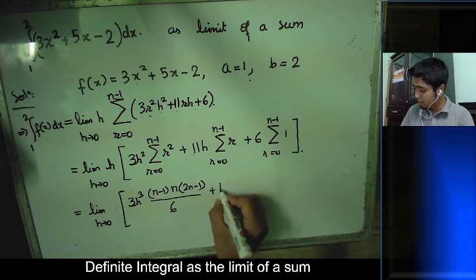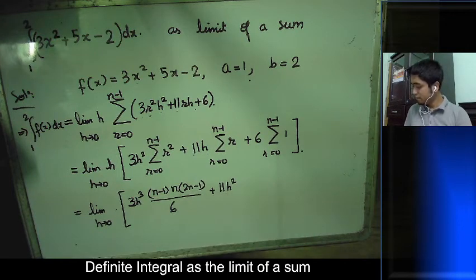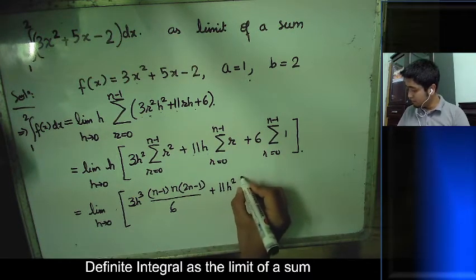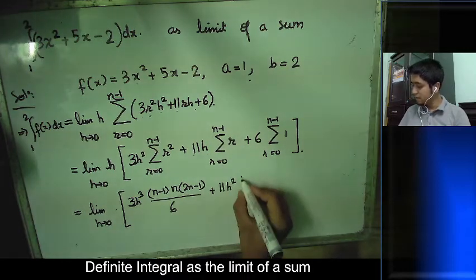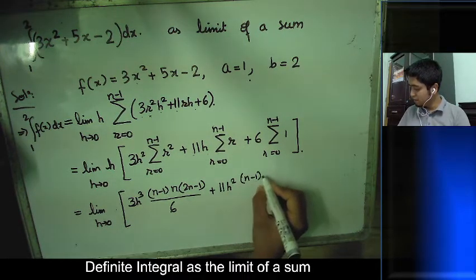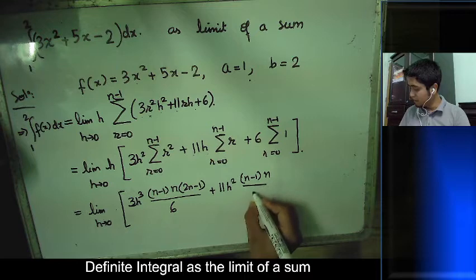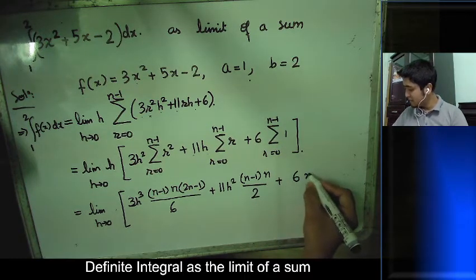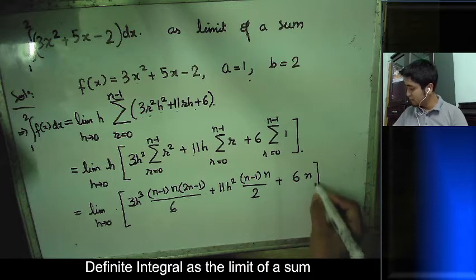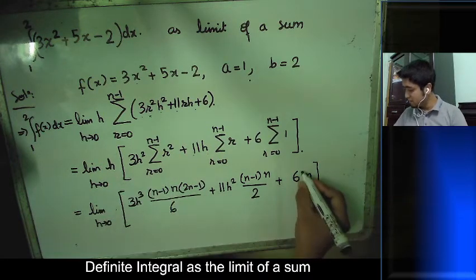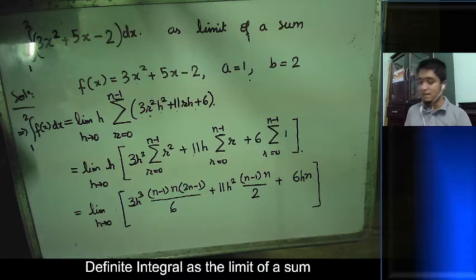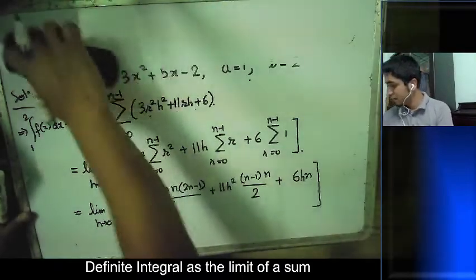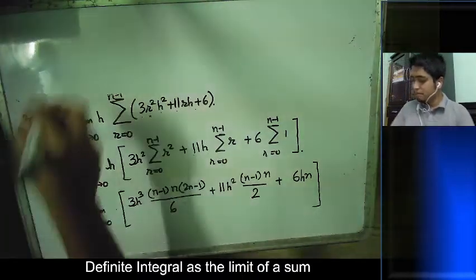Then 11h squared. And the formula for this one is (n minus 1) times n divided by 2. And the formula for this one is 6n. And you are having h, so that is why 6hn.